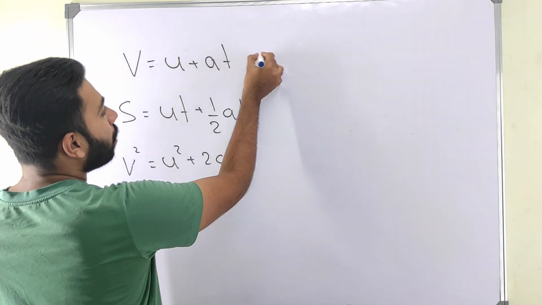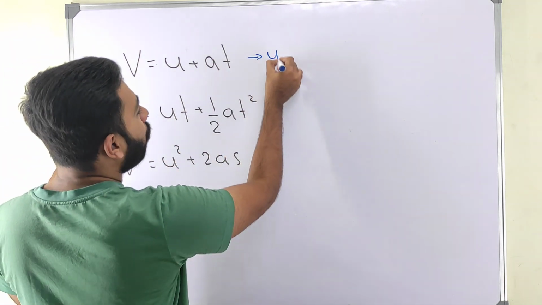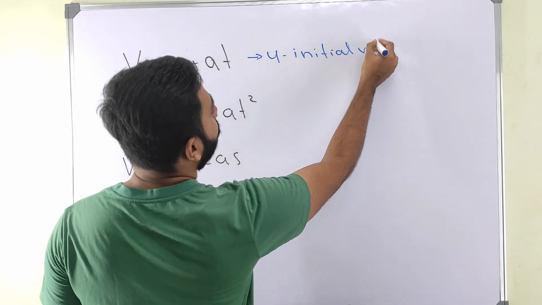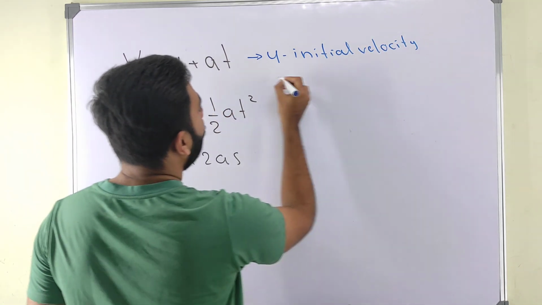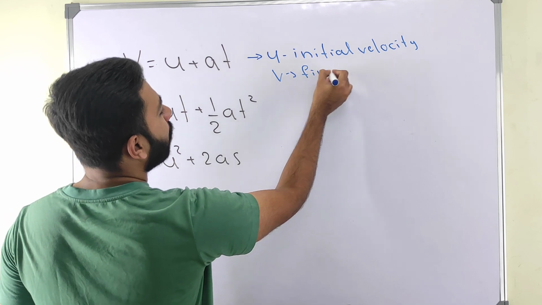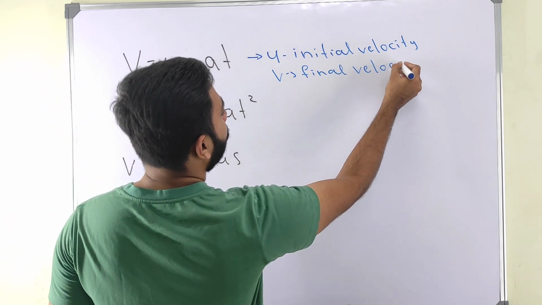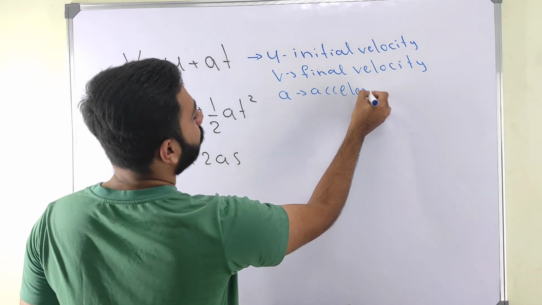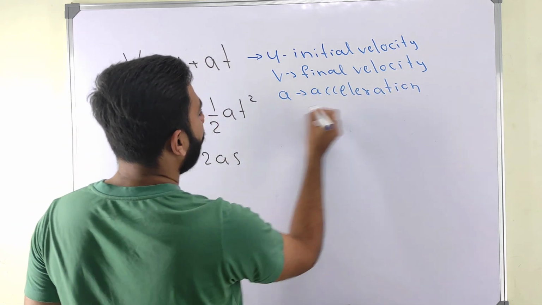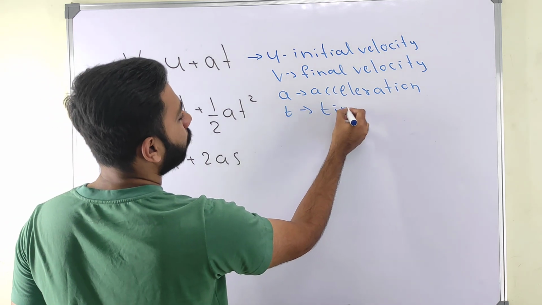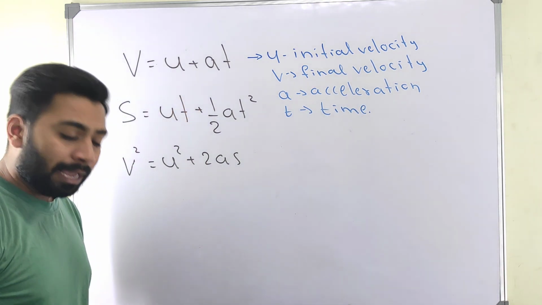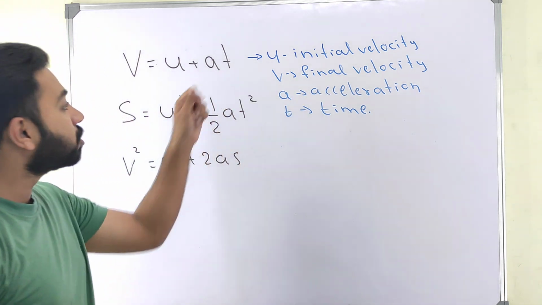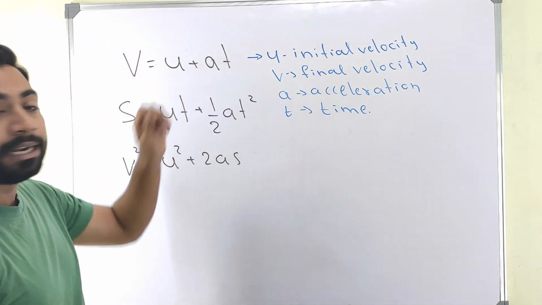So when you have a question in which they give these 4 terms or any 3 terms, we will use this formula v is equal to u plus at.